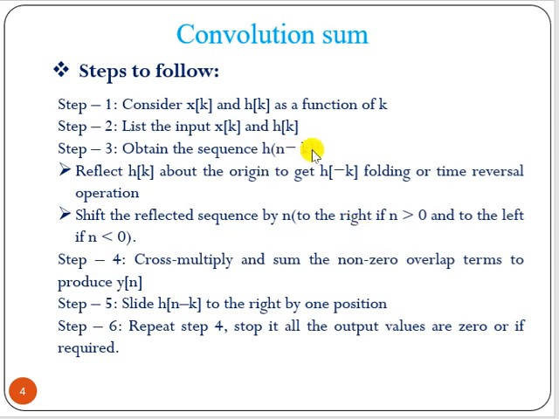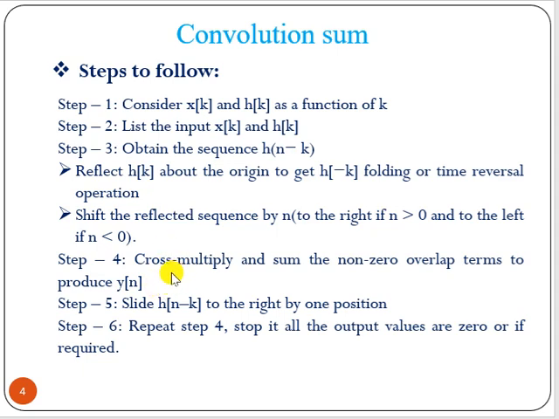N minus k, right? K is the variable. If n is positive, say 1, 2, 3, greater than 0, then k equals a positive value of n, so it moves to the right hand side. If n is negative, less than 0, then k will be equal to a negative value, which means it moves towards the left hand side.